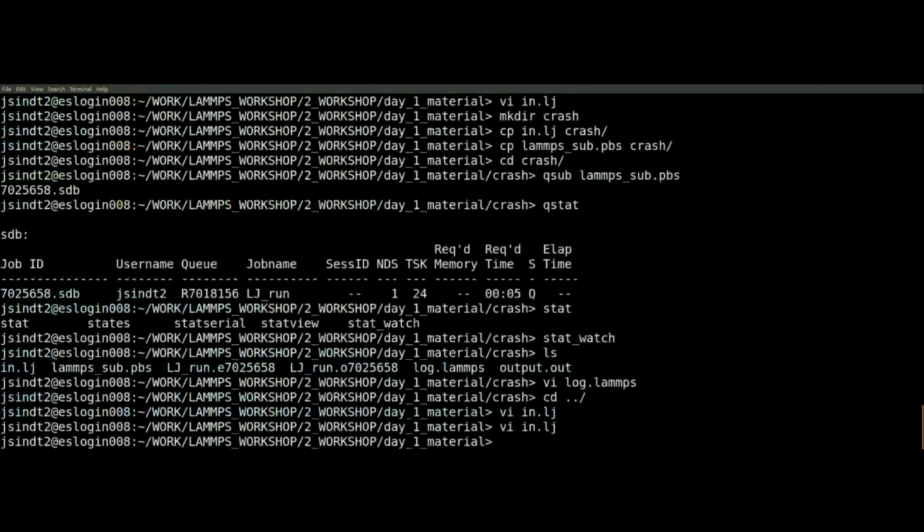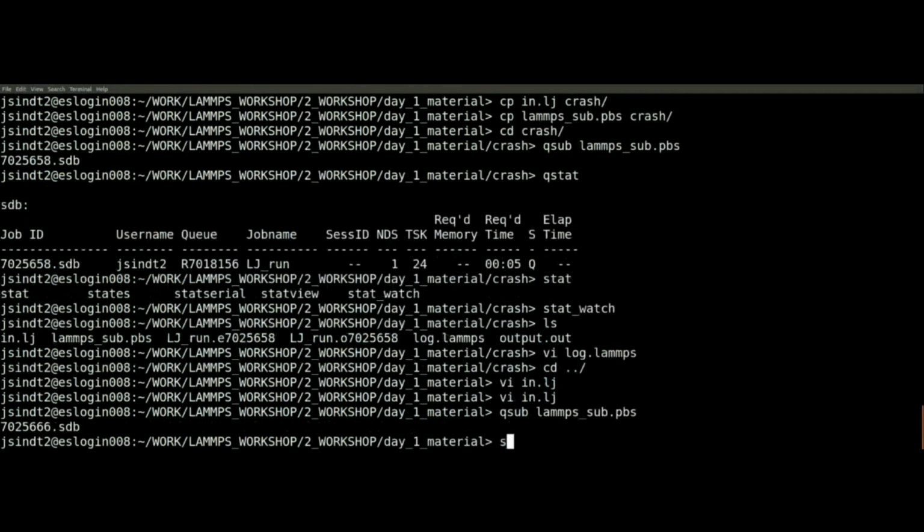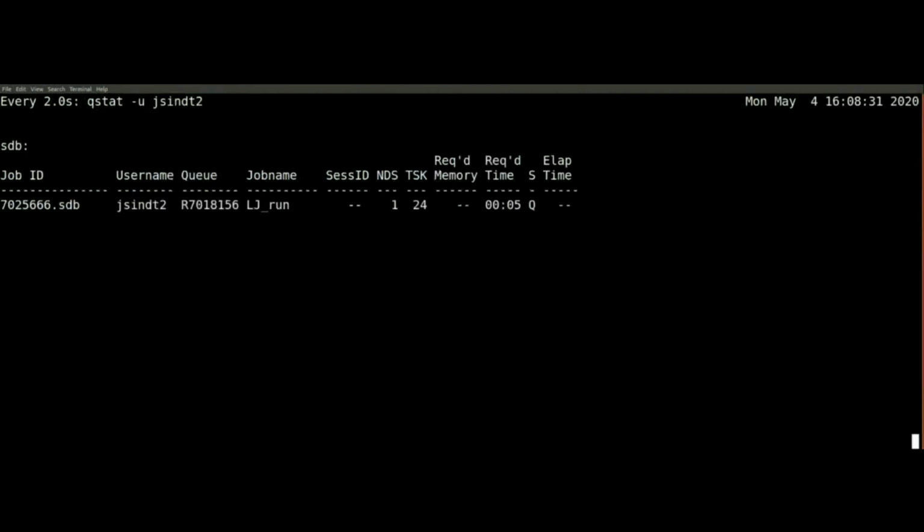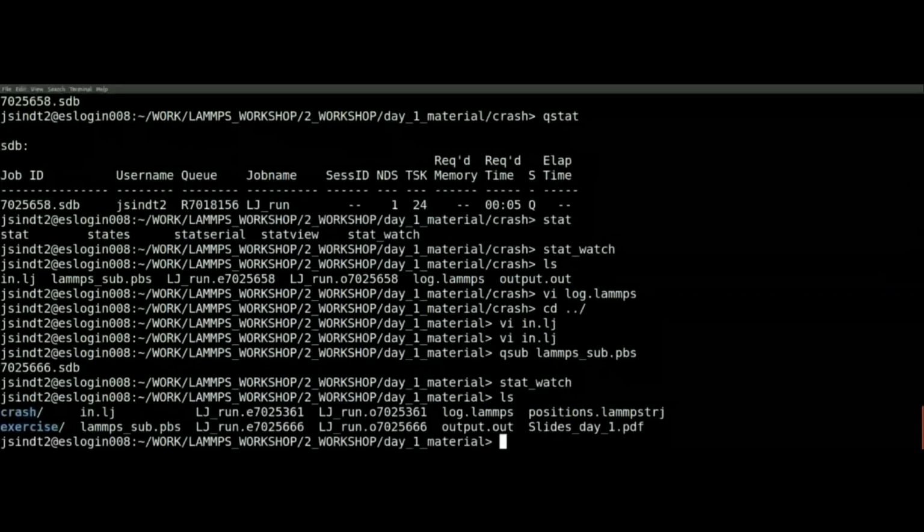And run the code. There we go, it's running. And it's exiting. A bit longer, which makes me think it probably ran.